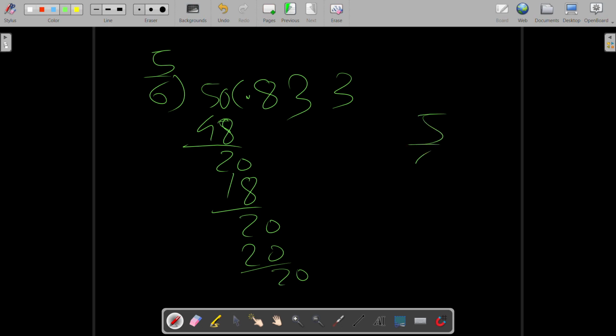So 5 by 6 is like this, 0.83 continuing, or this can be written as 0.83 recurring.